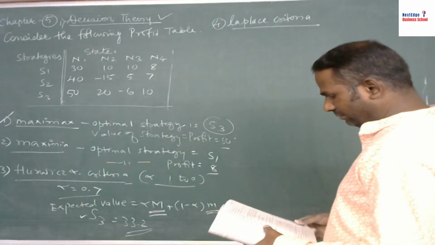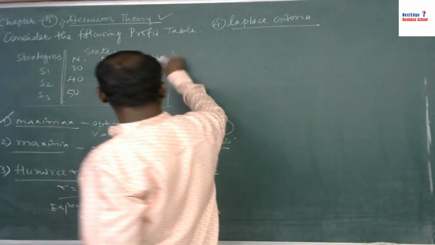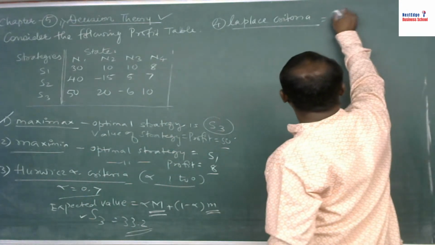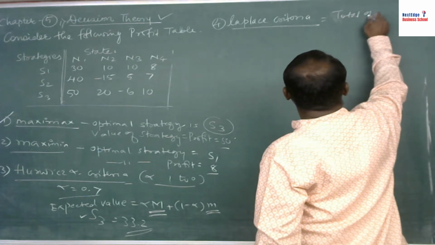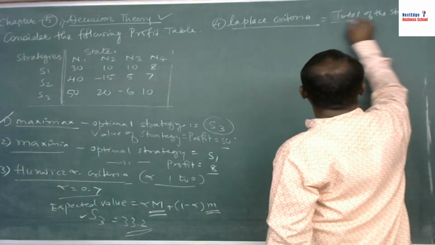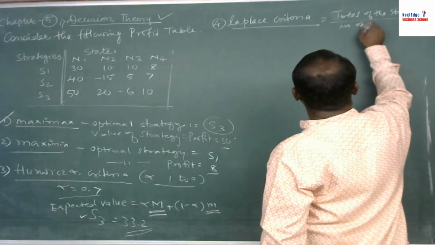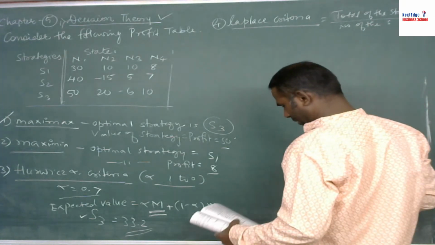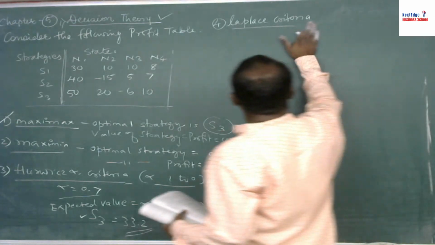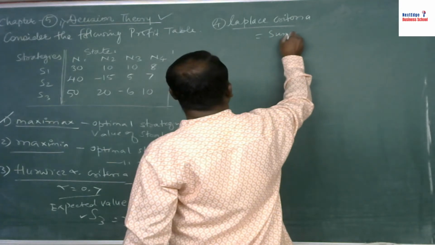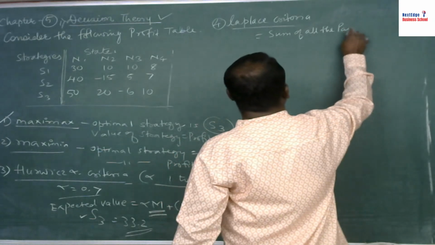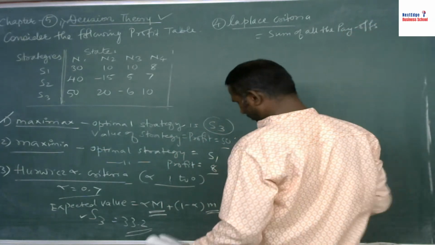It says how to calculate it. Laplace criteria is equal to the number of the total strategies upon number of the sum of all the payoffs.